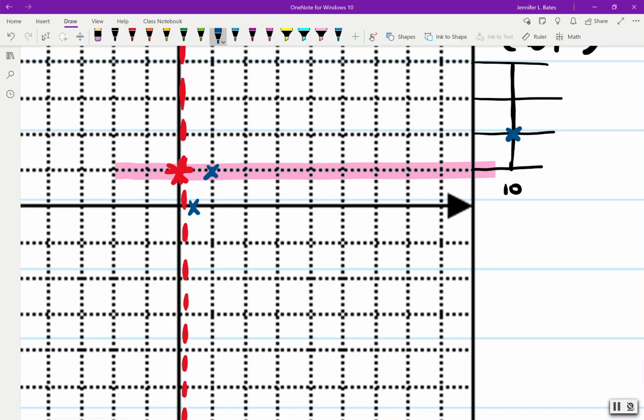Now, when we say vertically stretch, we're saying based off the pink line, based off of our new x-axis. So my first point right here, how tall is this point based on the pink line? How tall is it?